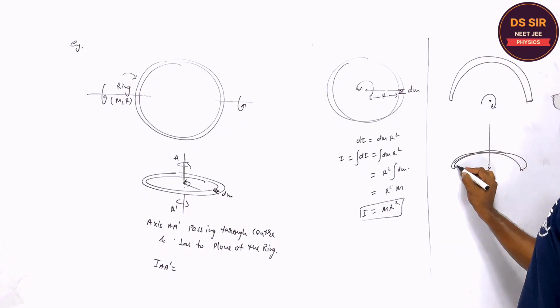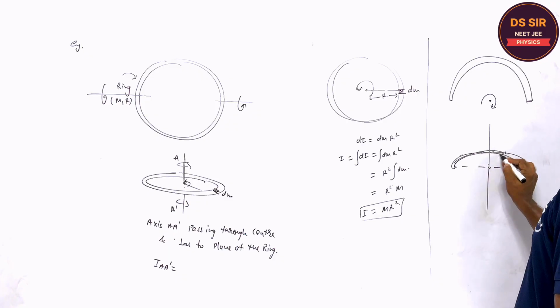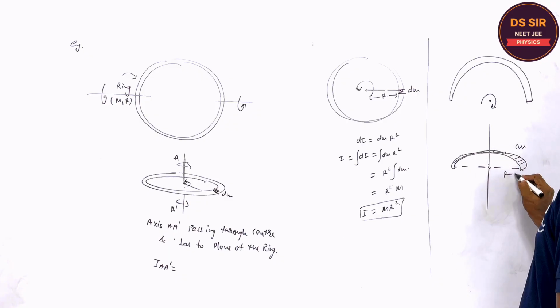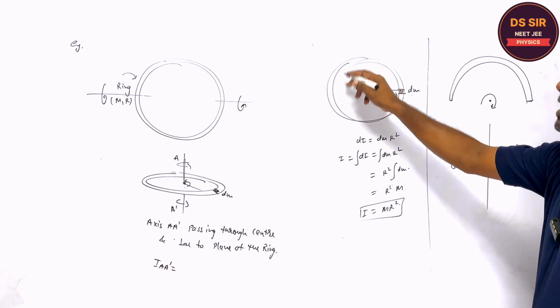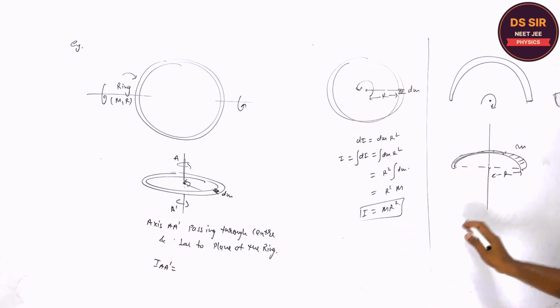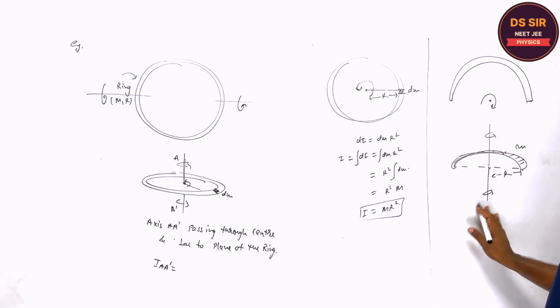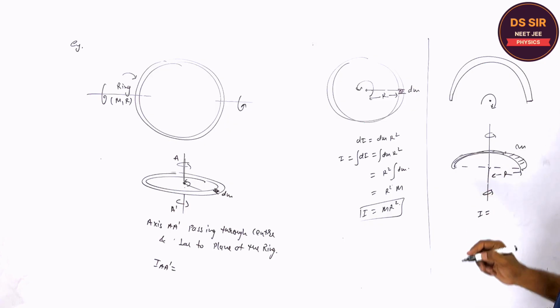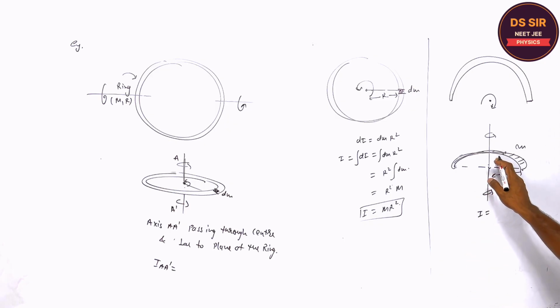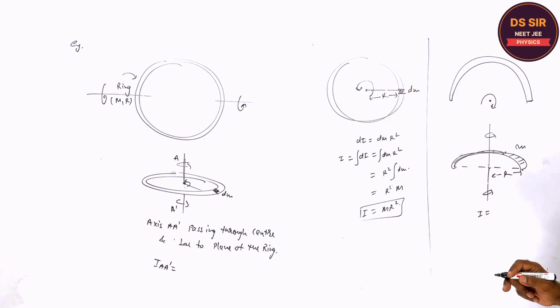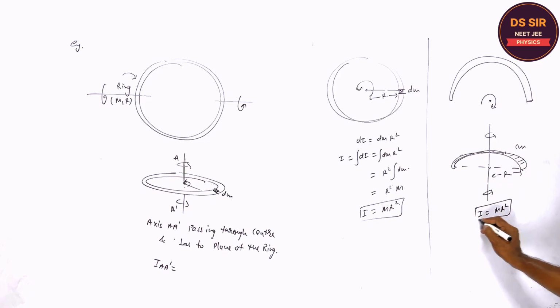The complete ring of mass m and radius r has moment of inertia mr square. Can you tell me the moment of inertia about this axis of this semicircular ring? It is mr square only, right? So no change.